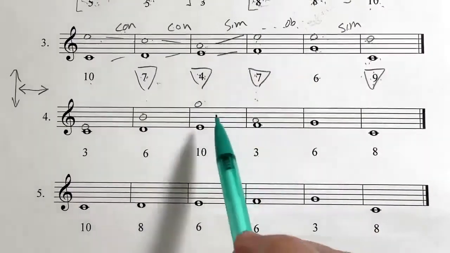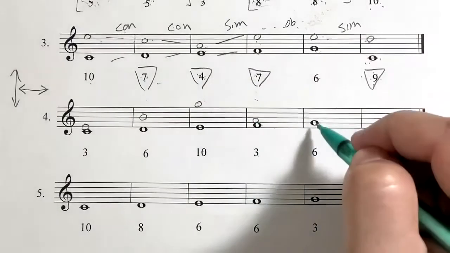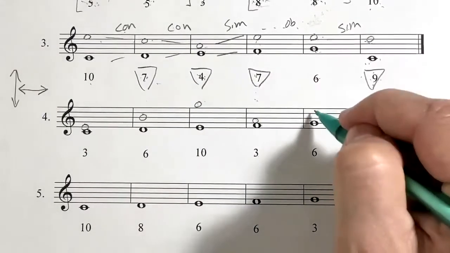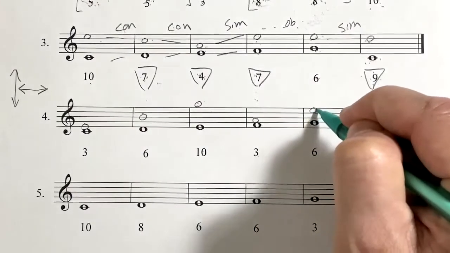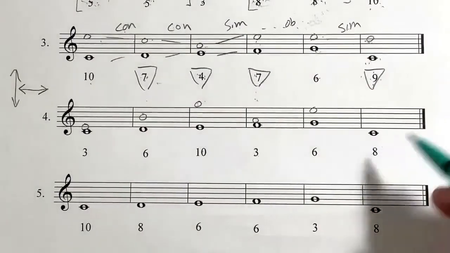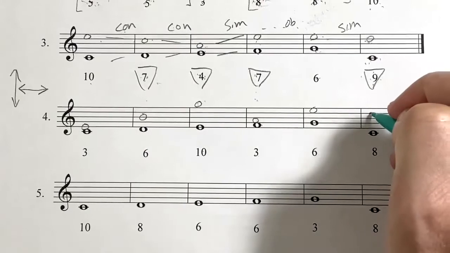So that line is dropping down. And then here is a G and we need a 6th above it, so that is E. And then it concludes on the octave.